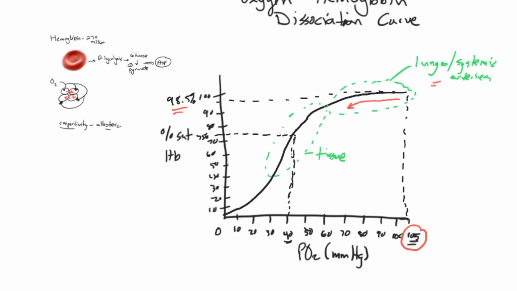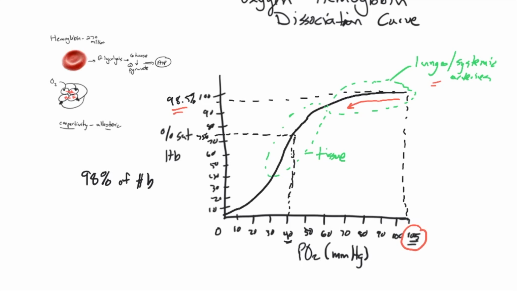So now we can say what's happening. We're going to put some numbers to this, and we're going to look at an arterial end and a venous end. So if we look at an arterial end, by the time we get to the tissues, we have 98% of hemoglobin bound, okay? So then what happens? Pressure decreases to 40.